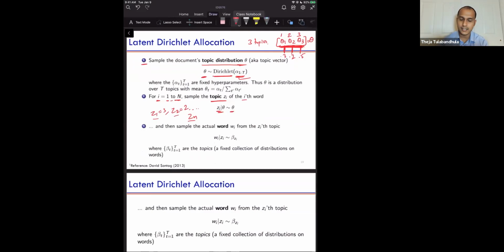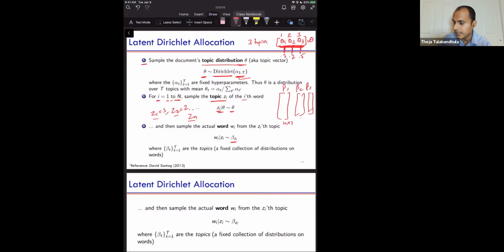For that, I need another object: for every topic, I'll have a corresponding distribution on words. Let's say I have 10 words in my vocabulary. For every topic, there are 3 topics here, 1, 2, and 3, I'll have beta 1, beta 2, and beta 3 as 3 probability mass function vectors.